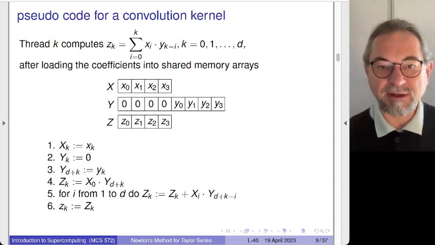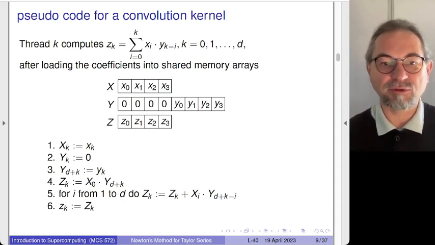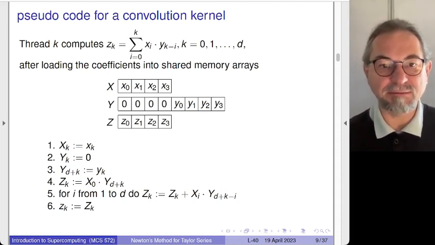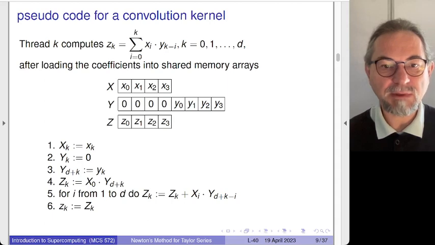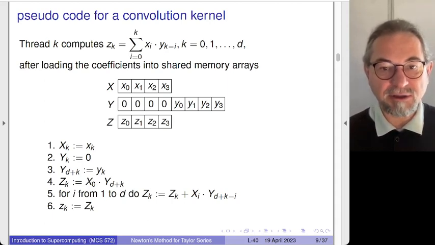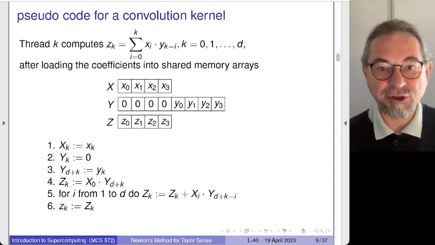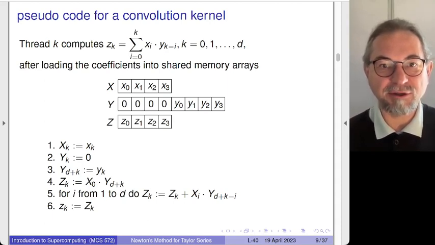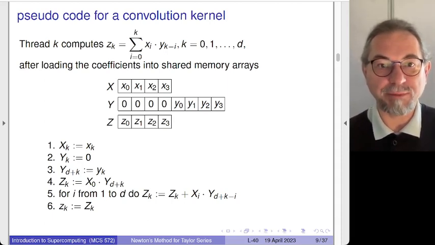The kth thread loads in the kth element of x, initializes the zeros at the kth position of y, and also loads from global memory into shared memory the kth component of the second input vector. These instructions are executed by the basic building block to do one convolution operation, and that is typically done by one block of threads.